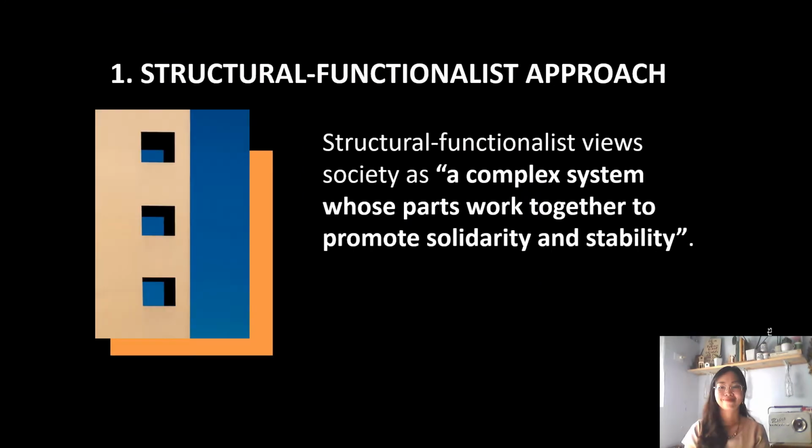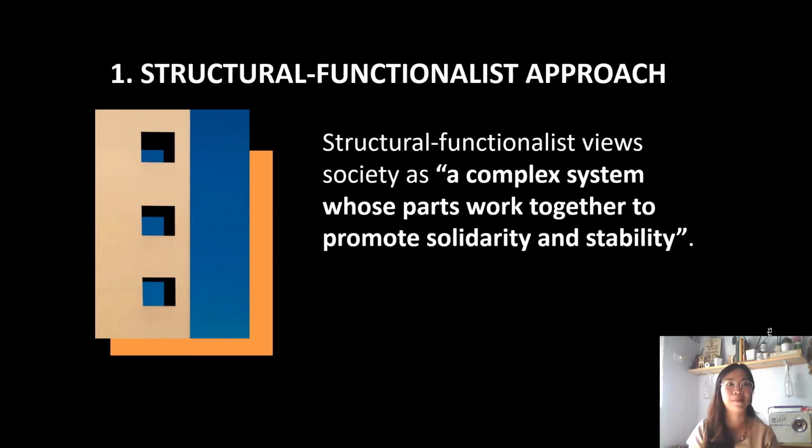Let's start. First is the structural functionalist approach. This approach views society as a complex system whose parts work together to promote solidarity and stability. It operates on a macro level, meaning it has a wide lens in viewing things.